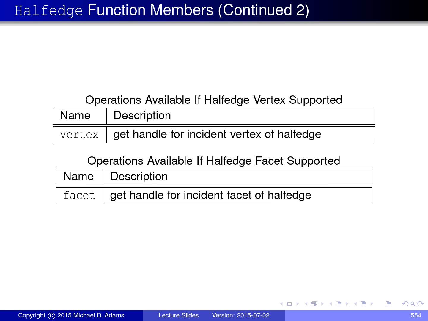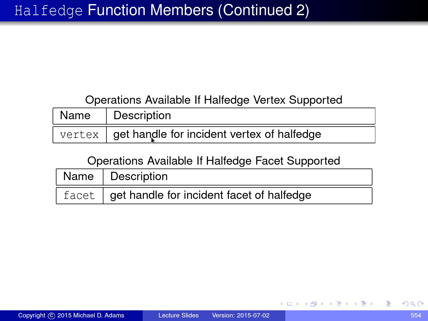Lastly, on this slide, we have some member functions for the Halfedge class that may or may not be available depending on what functionality is supported by the Halfedge class. The first group, really just one function called Vertex, corresponds to operations that are available if the Halfedge stores a handle for its incident vertex. In this case, there's a member function called Vertex that gets this handle.